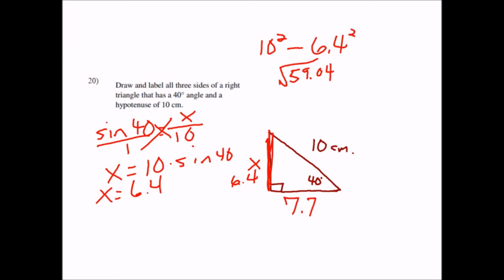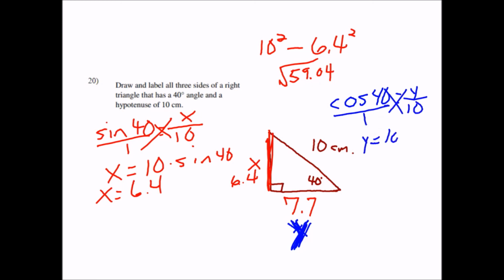All right, now another way to do that is you could do another trig ratio. So again, let's imagine we don't know it's 7.7. We'll call it, how about y? We already used x. So this would be the cosine of 40 is the adjacent side y over 10. And then if you cross multiply, you get y is equal to 10 times cosine 40.